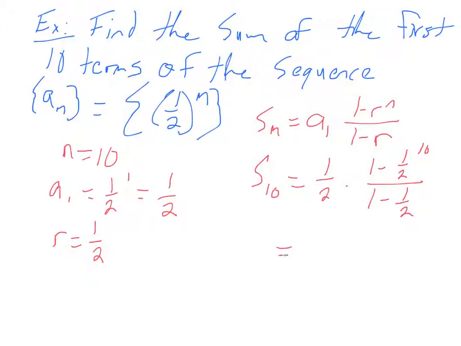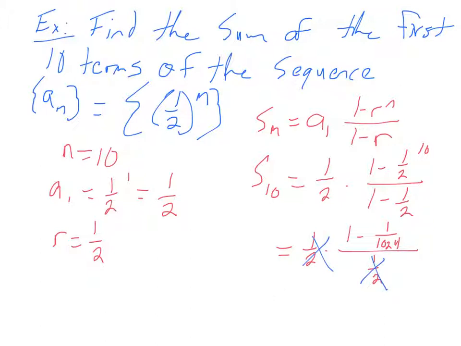Right? And so we'll end up with 1/2 times 1 minus 2 to the 10th, which is a big number, right? It's 1024, so 1 over 1024 over 1/2. Right, the 1/2s are going to cancel, aren't they?